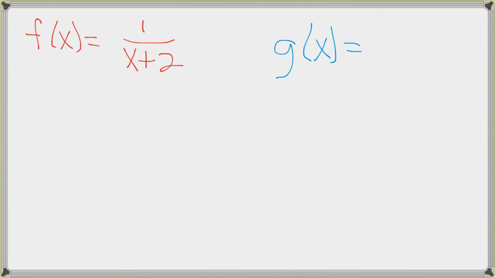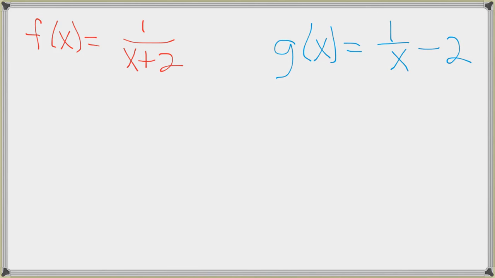There we go. F of x equals 1 over x plus 2. G of x equals 1 over x minus 2. Now we want to see if these are inverses.